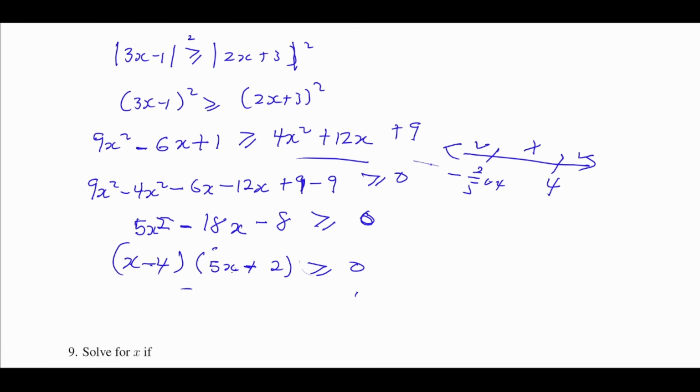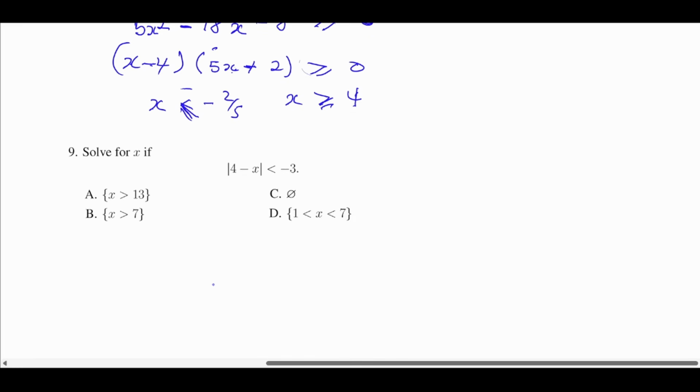Now all the numbers here are less than negative 2 over 5, so we say x is less than or equal to negative 2 over 5, and all the values here are greater than 4, so x is greater than or equal to 4. When we put in 4, it satisfies the equality. Sorry. All right, so take notes.